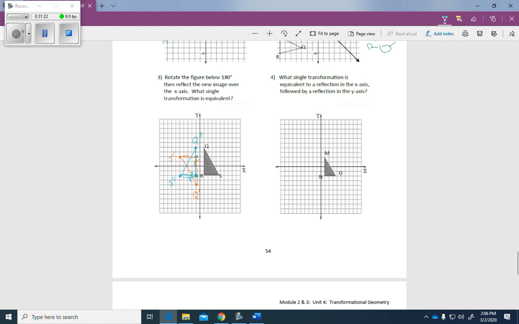That blue figure is the newest figure. This is pretty important. There's a question like this on your test. They're asking what single transformation. They're asking that because, can you tell that this blue figure that I drew and the original gray figure really look like a reflection over the y-axis?